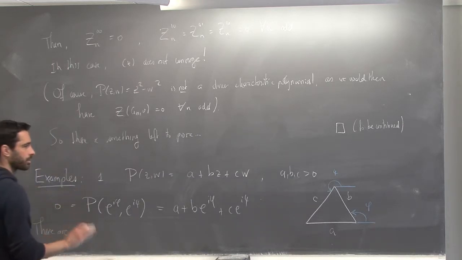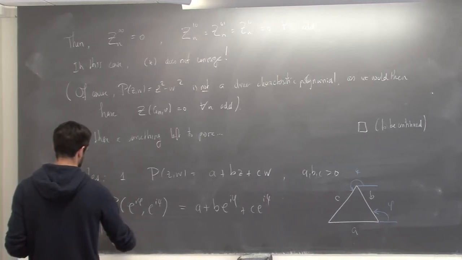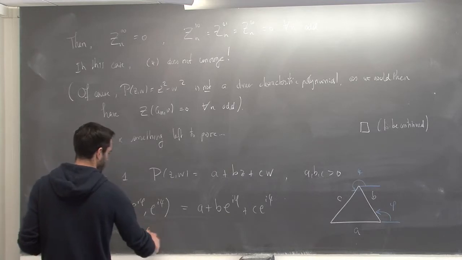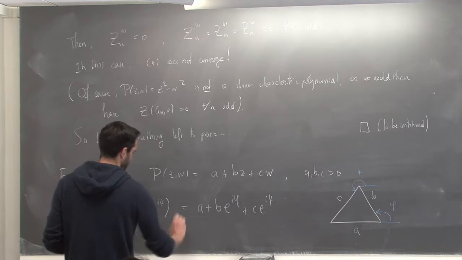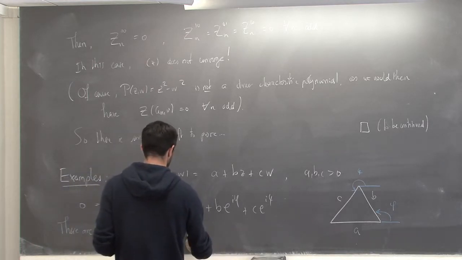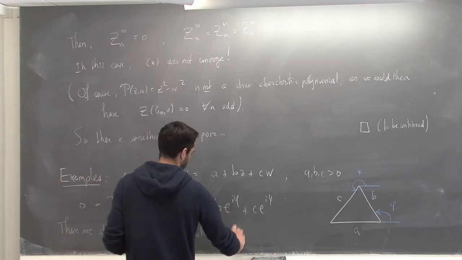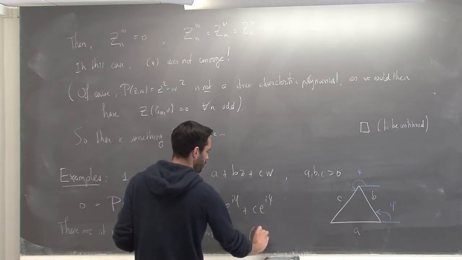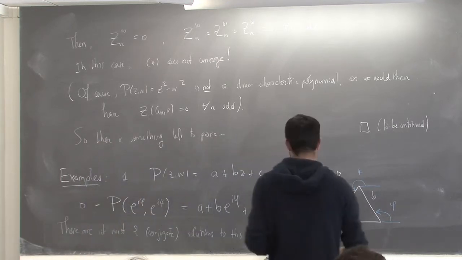So there are 0, 1, or 2 solutions, at most 2, and in this case they're conjugate solutions, which correspond to the two possible triangles over 3 given lengths.